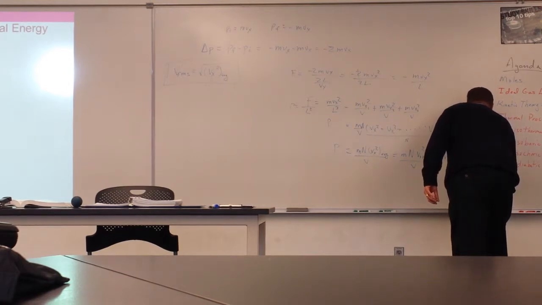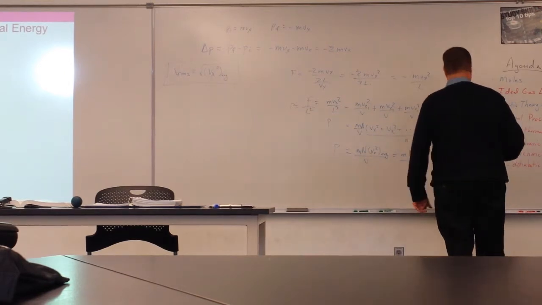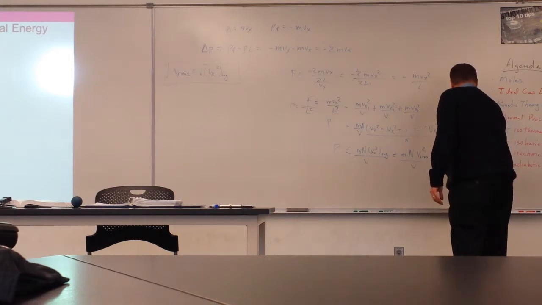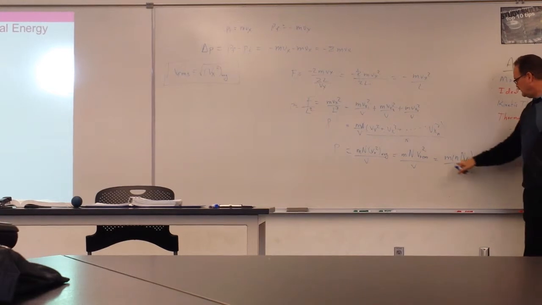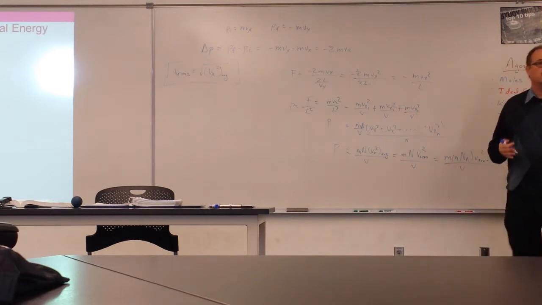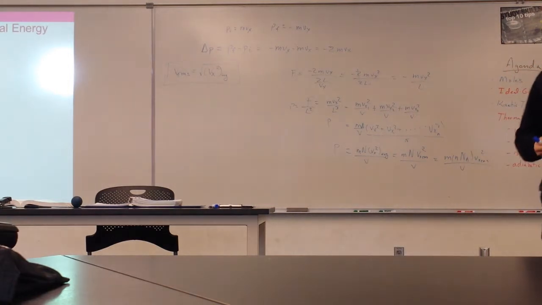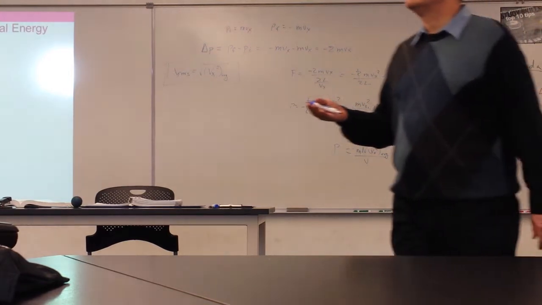M Vx RMS squared over V. Now then, I'll just switch these around, the m and the n. So I'll get mass times Avogadro's number. Well, what's the mass of a molecule of gas times Avogadro's number?